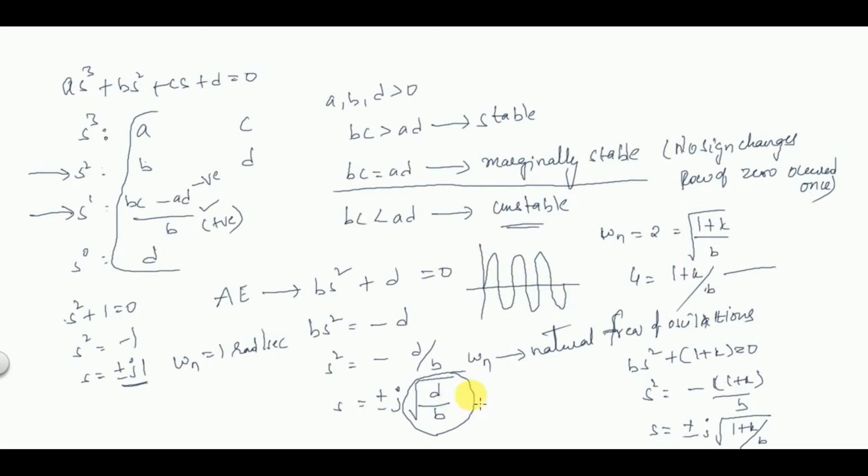So s is equal to plus or minus j omega form, so this is your natural frequency, which is omega n. So this is your natural frequency generalized equation. If you apply it in the previous question, you will get it like this. Okay, so I hope now you have a clear idea of how to solve a third order equation.